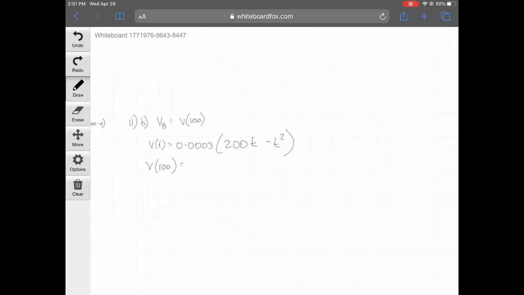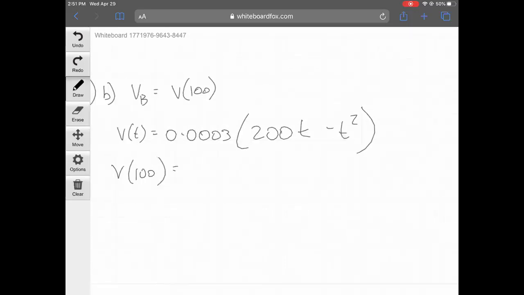I do recommend writing out an additional step, because you get a mark for the accuracy for the final answer, but you don't know how many marks there are for method or for stating things. So just stating that you're substituting in 100 for t and actually writing that down, even though you can do this in your head, means if you did type something wrong into your calculator, you could still pick up a mark.